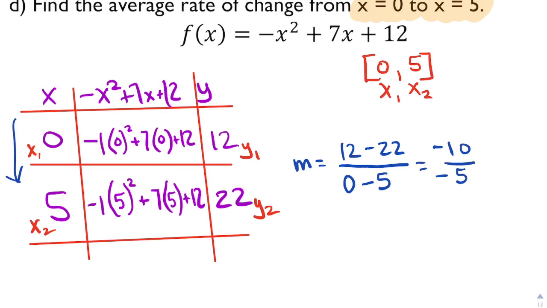And again, you need to put those in your calculator if you're not that great with positive and negative numbers to make sure you get the signs correct. If you wanted to put it in your calculator all at one time, well, let's not have you do that. Simplify it and then do negative 10 divided by negative 5, and you should get 2. So our average rate of change for the interval of 0 to 5 is 2.